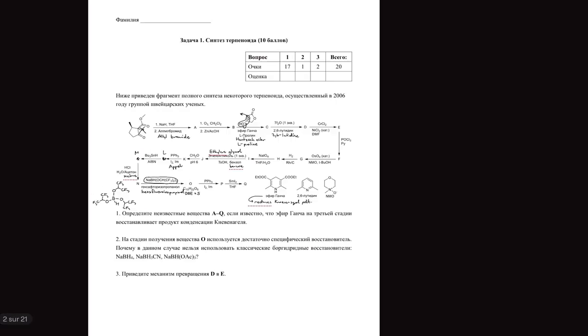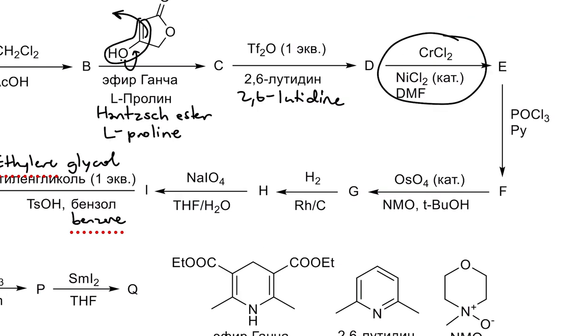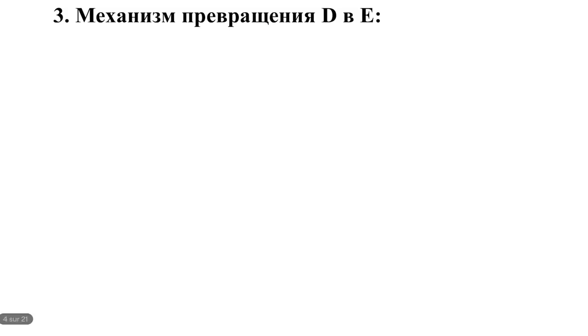Now question 3 requires us to draw the mechanism for D to E. D to E is the Nozaki-Hiyama-Kishi reaction. So let me draw the reaction real quick. I'm just going to draw a simplified version. So it starts with R1X, and then our R1X will do an addition to the nickel.